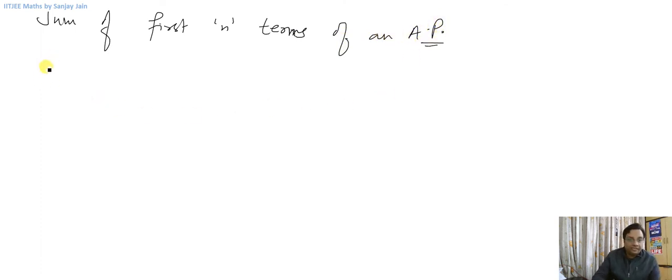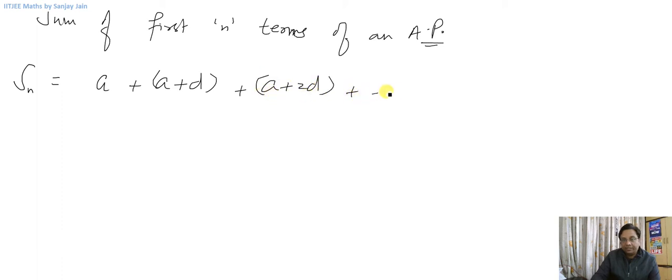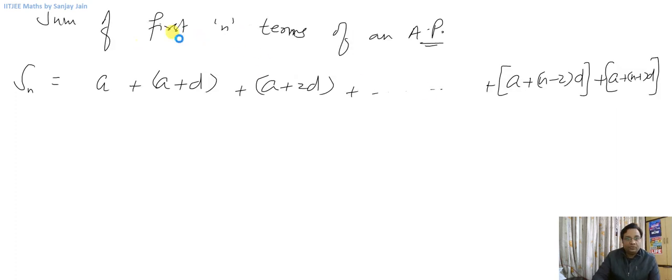Let us write the sum as Sn and the AP as a, then the second term a plus d, third term a plus 2d, finally the second last term as a plus (n minus 2)d, and the last term as a plus (n minus 1) into d. Last term, or you can say nth term, right? So I need to find the sum of n terms of an AP.